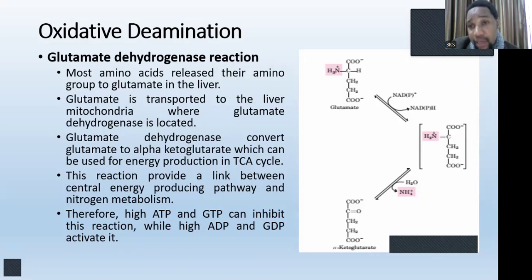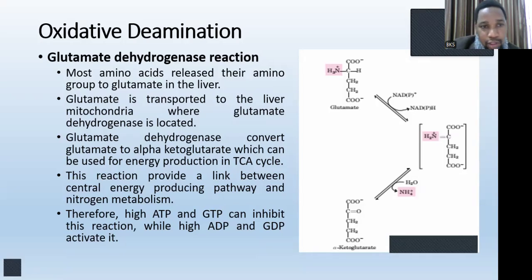It is oxidized in such a way that the two protons are removed, and a reducing equivalent in the form of either NADH plus H or NADPH plus H, as we explained, introduces a double bond on the alpha carbon, or carbon 2, of the amino acid.